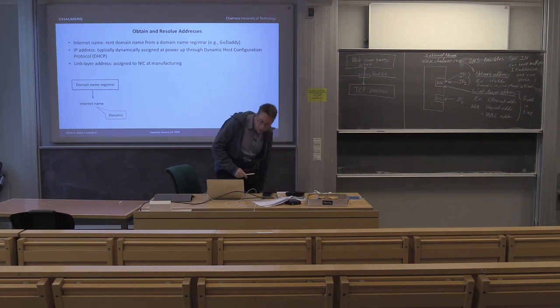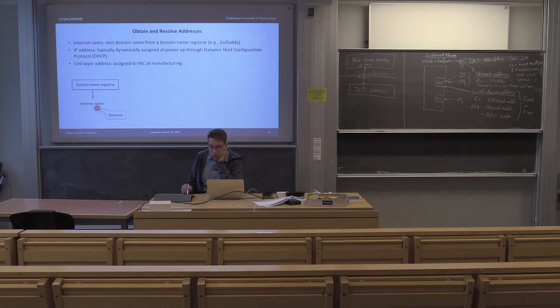Okay. The IP address, on the other hand, okay, so the internet name is dynamic. It can move around. It could be at different computers all the time. So an IP address is typically dynamically assigned at power up through this protocol called Dynamic Host Configuration Protocol. You can also have a fixed IP, so a computer at every power up gets the same IP address.